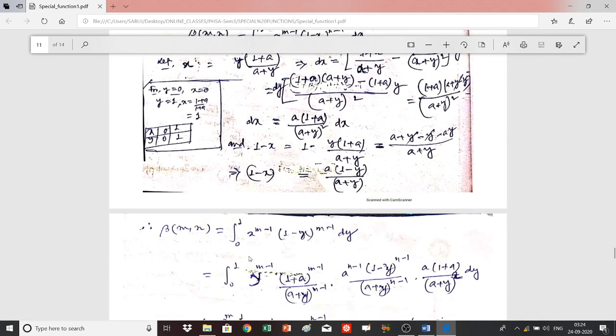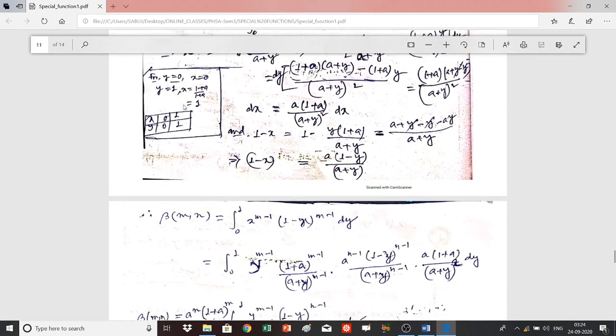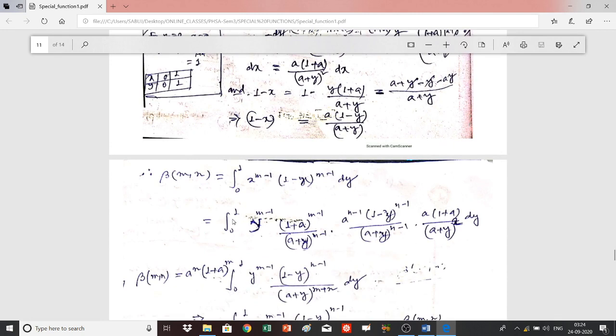Here is the change of the limits. The limits remain the same as in the case of x, that is 0 to 1. First, the value of x, that is y(1+a)/(a+y). So y^(m-1) is there, and then (1+a)^(m-1) over (a+y)^(m-1).